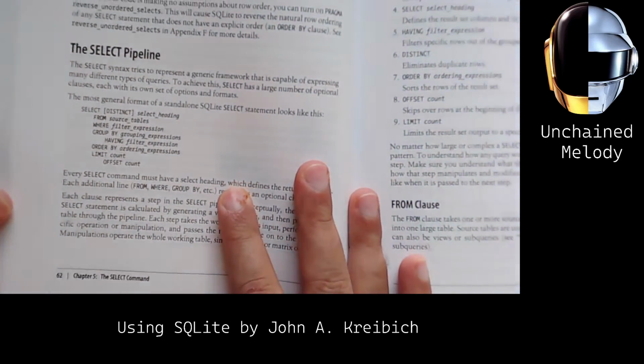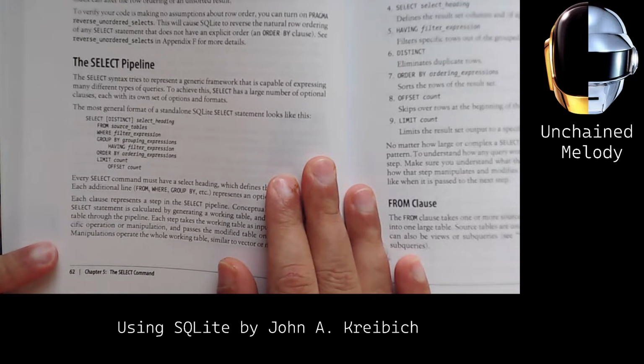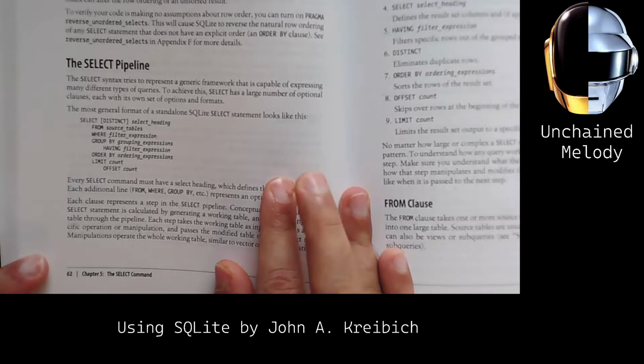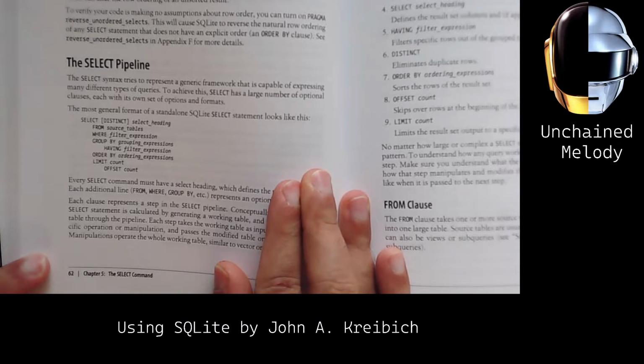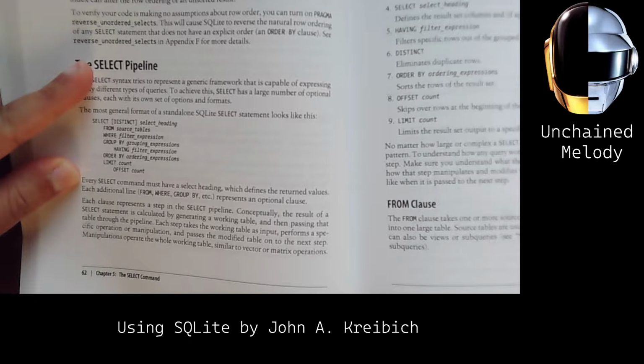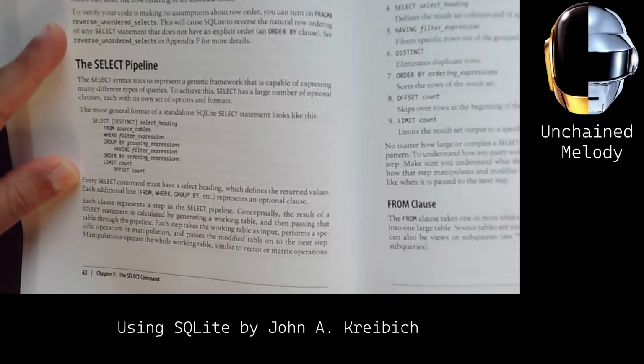The select pipeline. The select syntax tries to represent a generic framework that is capable of expressing many different types of queries. To achieve this, select has a large number of optional clauses, each with its own set of options and formats.